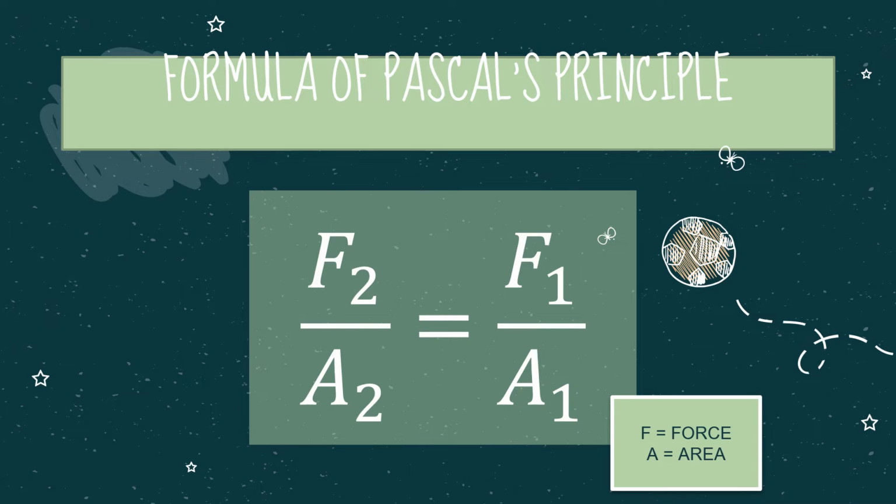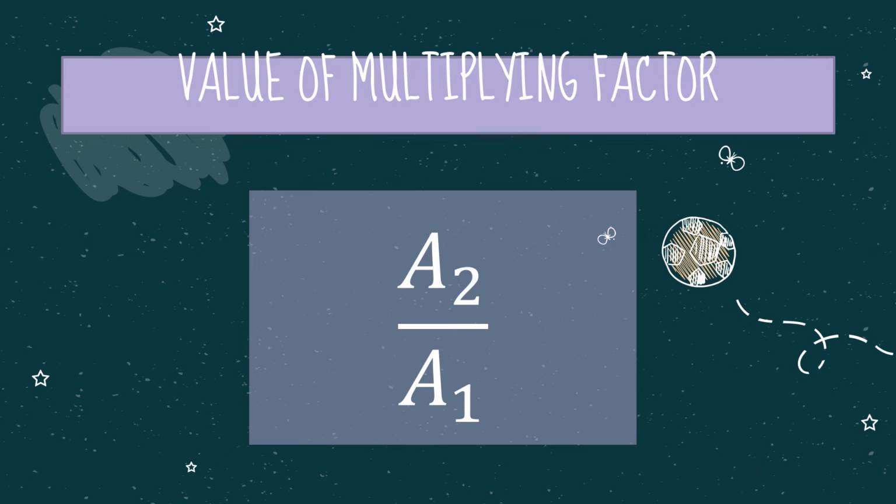Here is the formula of Pascal's principle: F2 over A2 equals F1 over A1. F is force and A is area. And this is the value of the multiplying factor, A2 over A1.